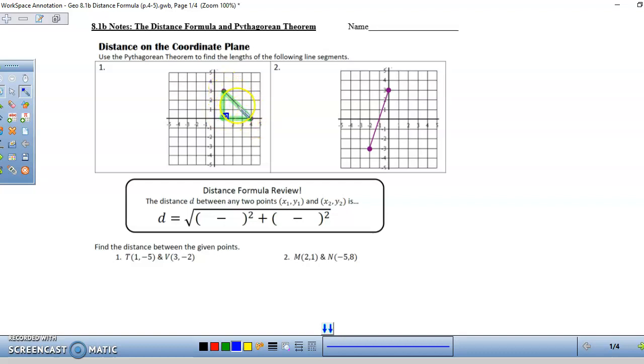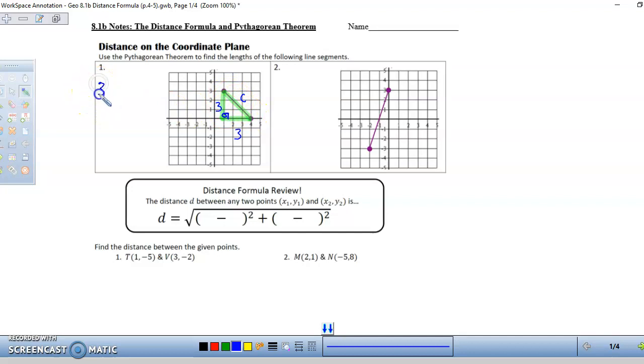And then this length, as I said, is the hypotenuse. Okay, so let's label the triangle lengths we know. The horizontal here is 1, 2, 3, has a length of 3, and the vertical also has a length of 3. Okay, and then here's the hypotenuse, and in the Pythagorean theorem, we're going to call that the c value.